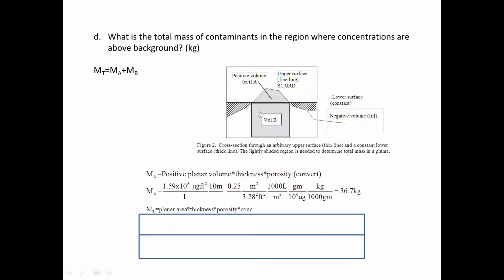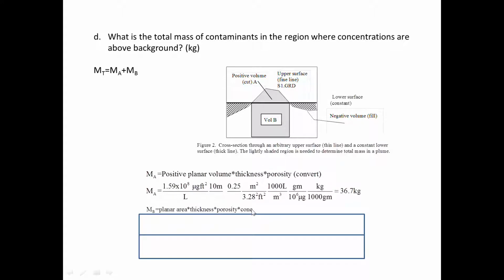So the mass that is within the contour that is provided by water that's at 2,000 micrograms per liter. So that's just going to be the area times the thickness times porosity. This group of terms is the volume of water in that contour times the concentration.